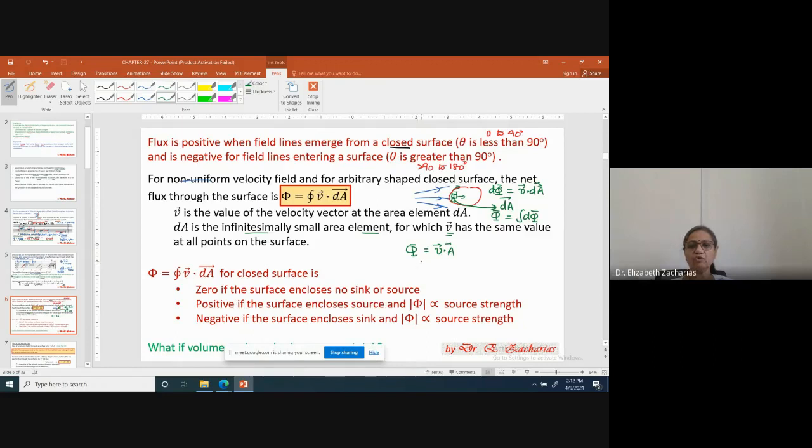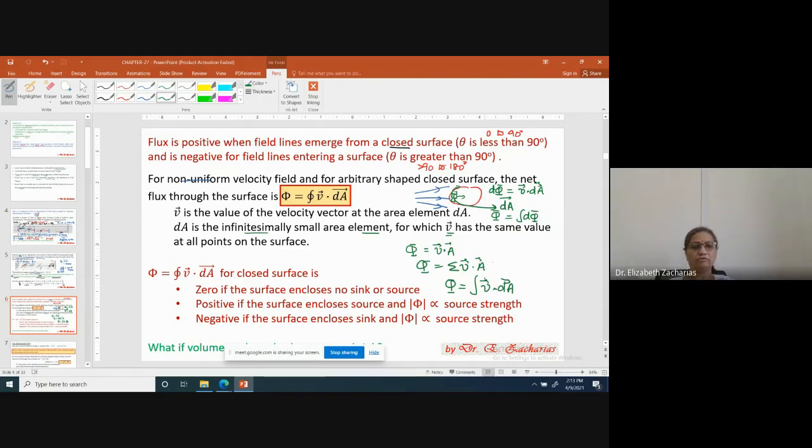Then for a closed surface, we said flux is equal to summation V dot A. Now we have gone to an irregular shaped closed surface, and the field is also not uniform. Then it has to become more general, and flux will be equal to the integral of V dot dA. Are you understanding? From the most simple, we are proceeding towards a complex situation.